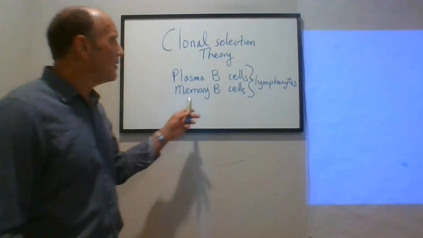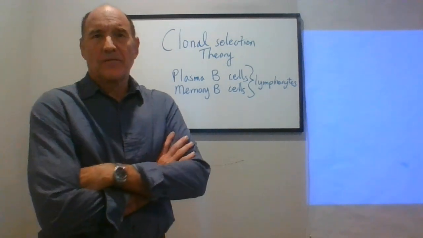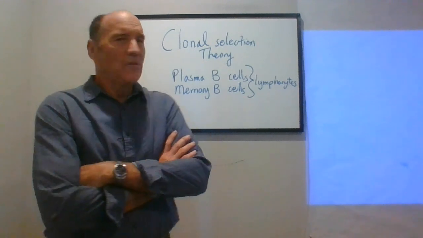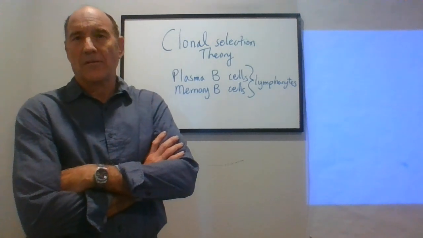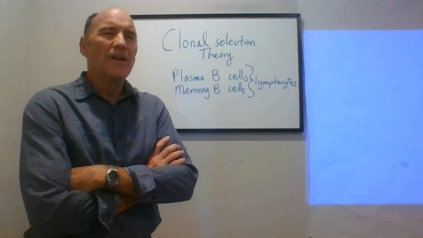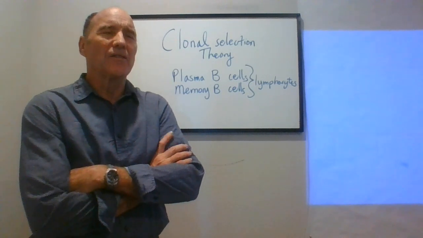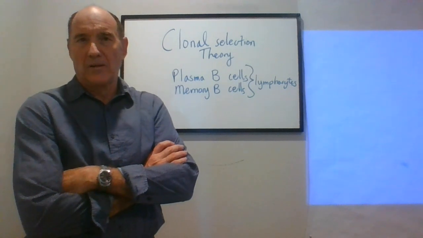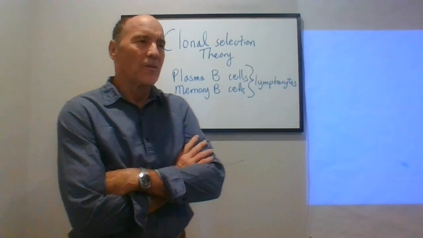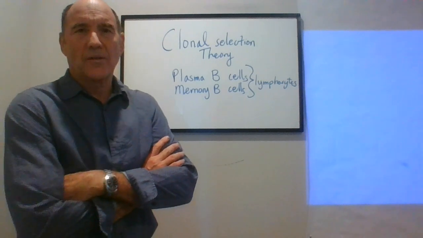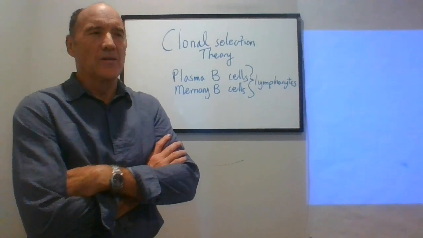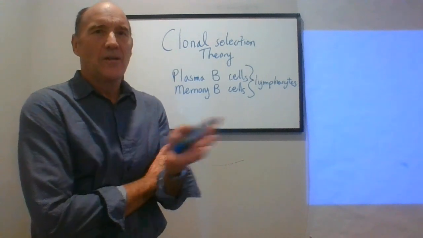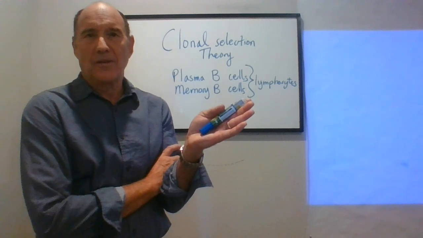Okay, so here you are, you're infected with this flu virus, and you haven't had this flu virus before. It's a different one. And so your body now has to design that plasma B cell that it hasn't had before. Now we are born with memory cells that are similar to the types of antigens we could encounter in our entire lifetime.